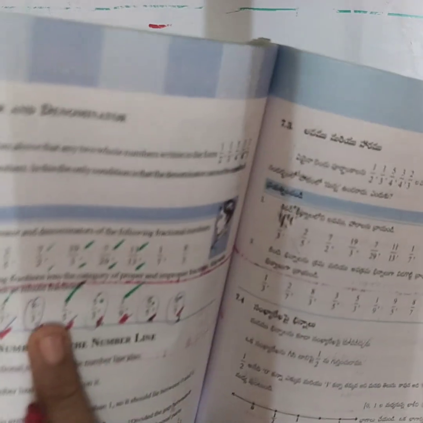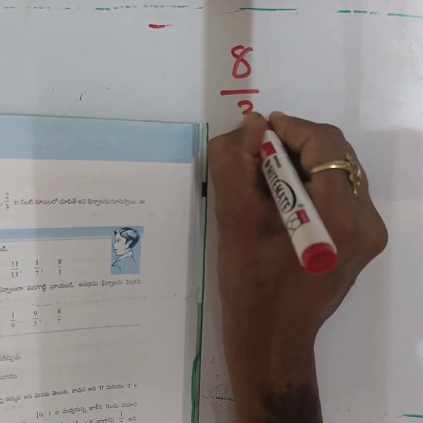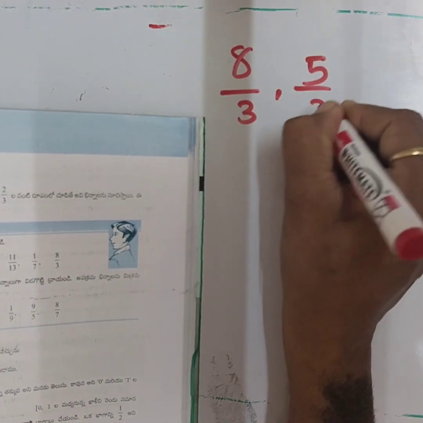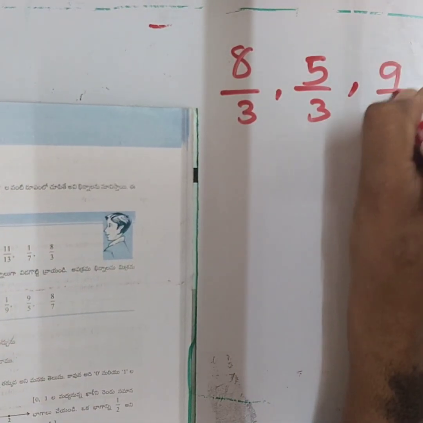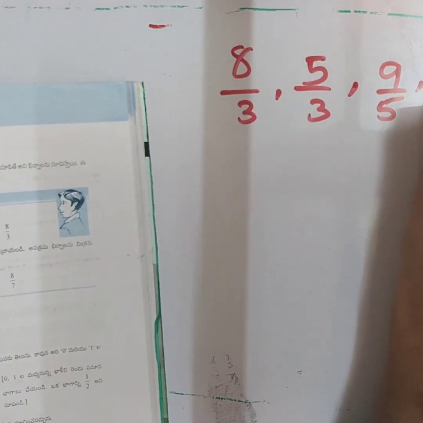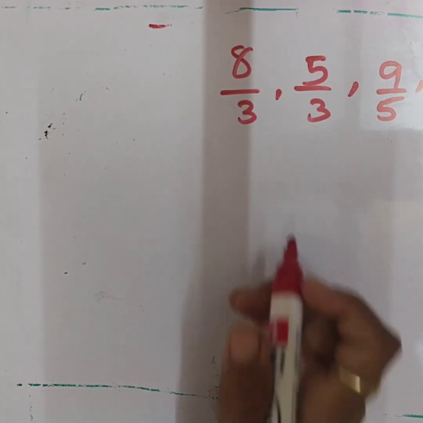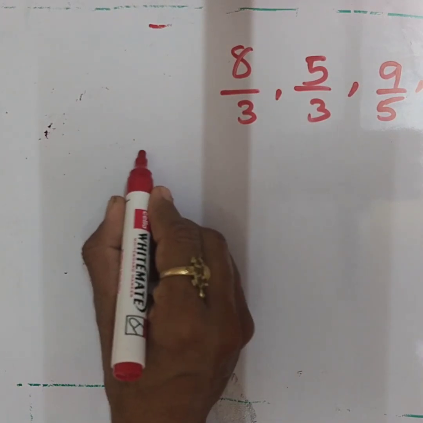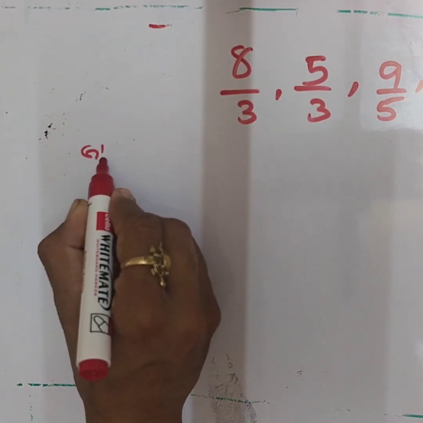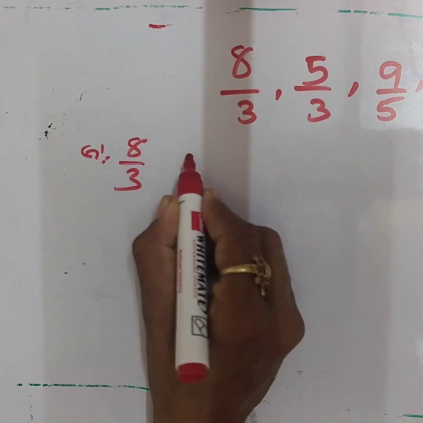So these improper fractions we are going to convert into mixed fractions. Okay, I am sorting out the improper fractions in the given list. So 8/3, I am going to convert 8/3 into a mixed fraction.